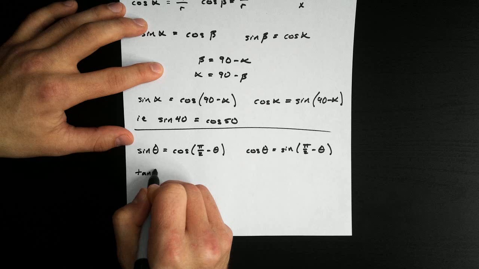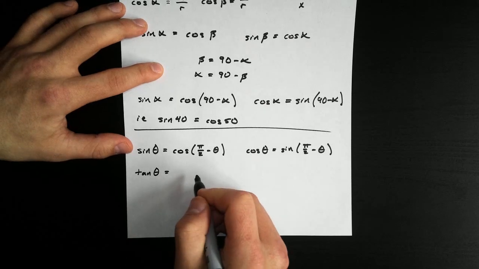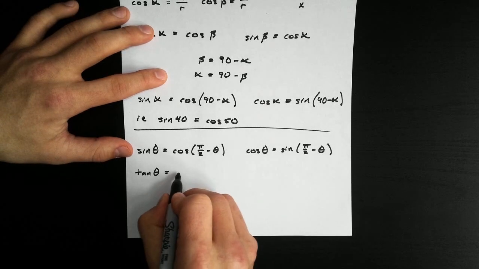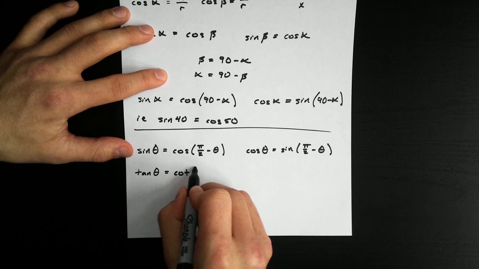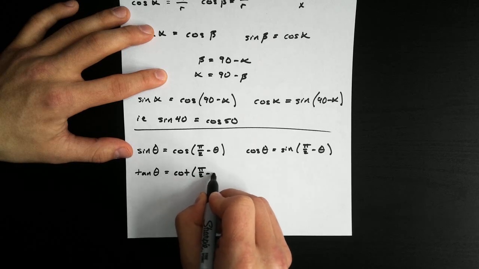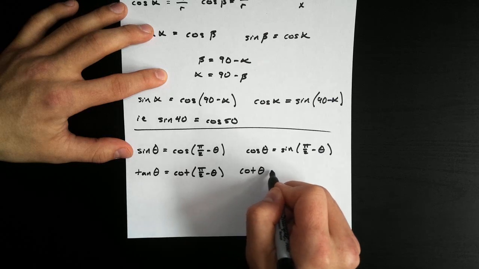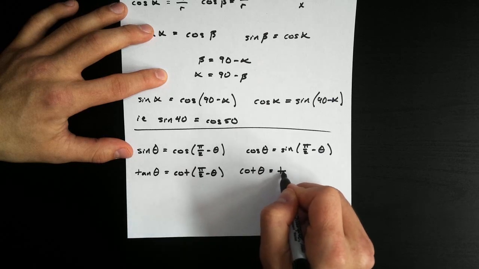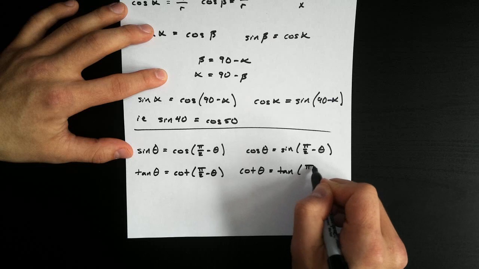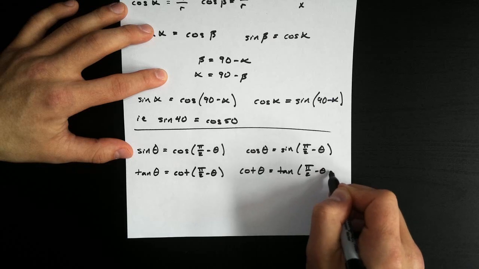Then we have the tangent. This is a cofunction with cotangent. So the tangent of theta is equal to the cotangent of pi over 2 minus theta, and vice versa. The cotangent of theta is equal to the tangent of pi over 2 minus theta.